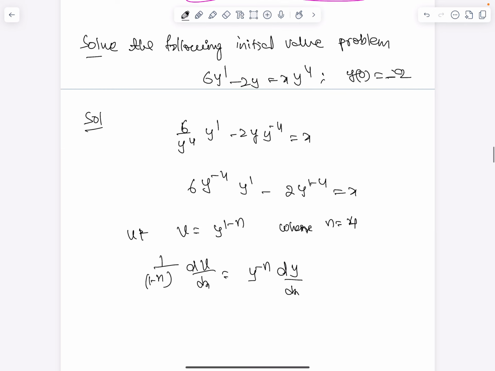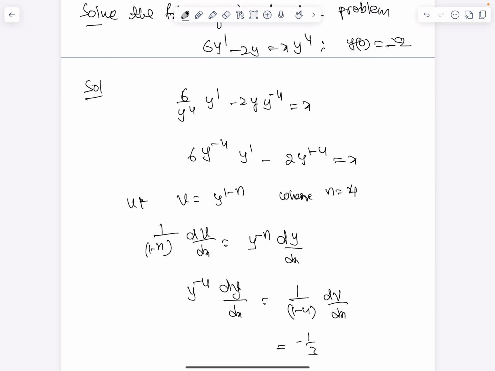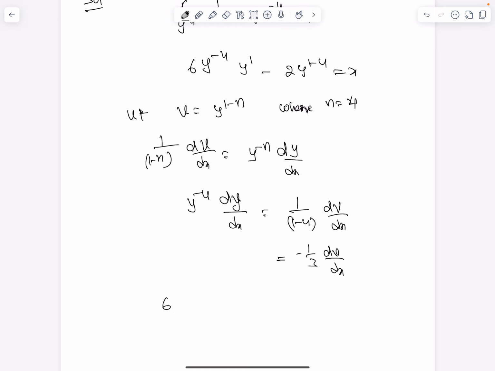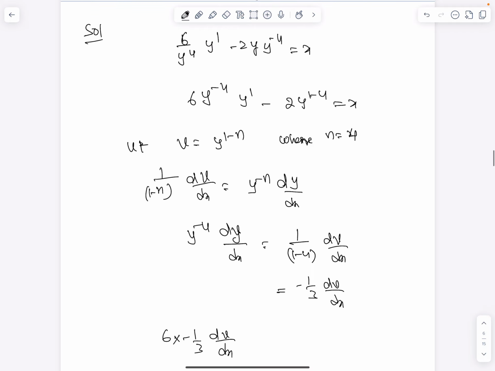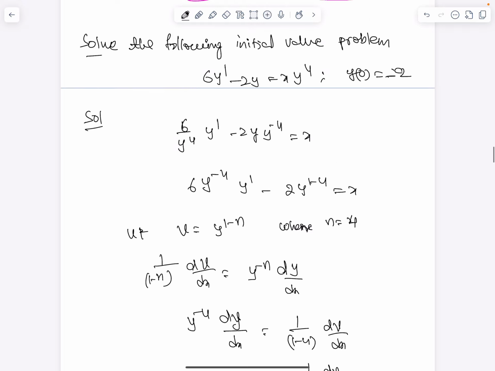Since n is 4 here, y power minus 4 dy by dx must be equal to 1 by (1 minus 4) into dv by dx, which is equal to minus 1 by 3 dv by dx. Now, if you substitute, 6 times minus 1 by 3 dv by dx plus minus 2 times v, which is equal to x.